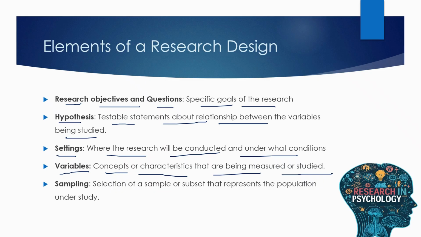Then we have sampling. Sampling means it's the selection of a sample or subset that represents the population under study. So if we have a population of like 10,000 individuals, it would be difficult for us to collect data from all the 10,000 people. So what we do, we choose maybe 100 people from the set of 10,000, and whatever result we get from these 100 people, we generalize that result to the whole population of 10,000 people.